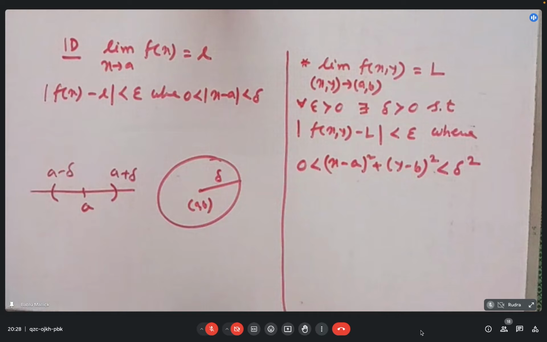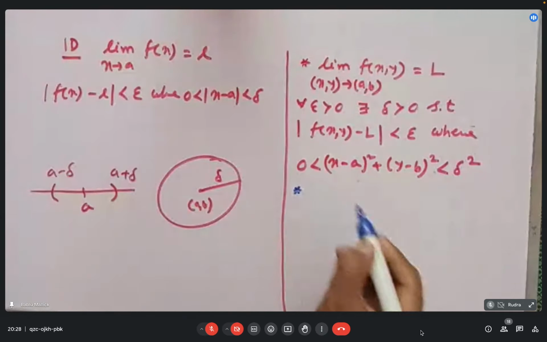And similarly, the definition of continuity. What is the definition of continuity? Write it.